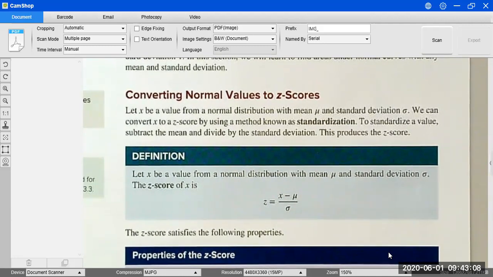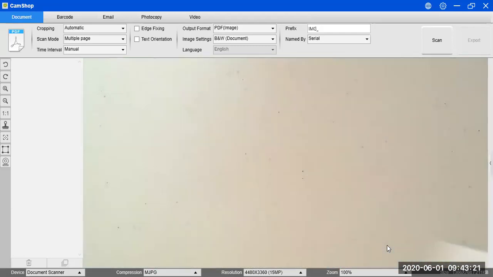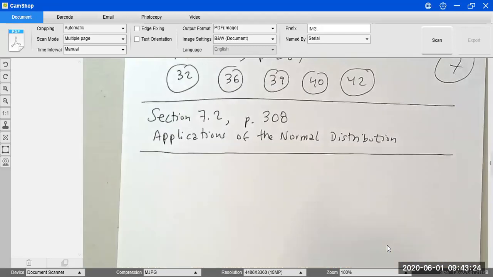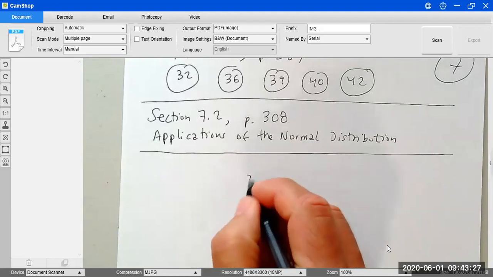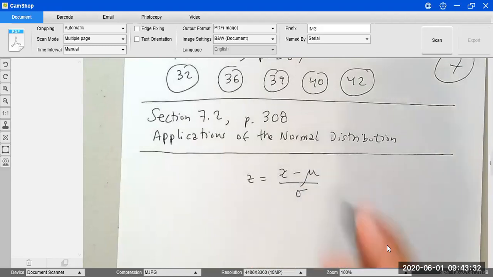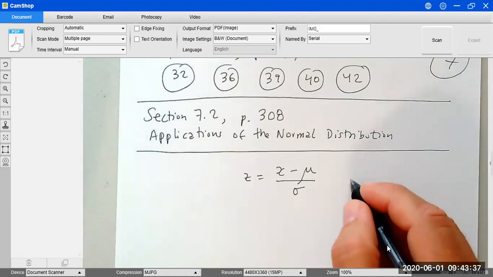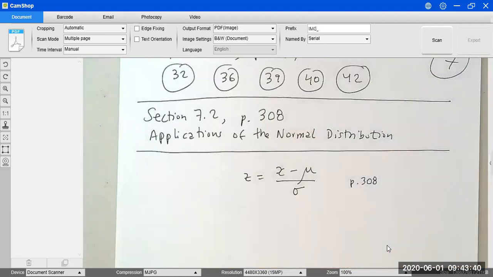But following the book, we're going to do the extra step of finding the corresponding z-score, and then you use tables, your Texas Instruments calculator or language R to find the corresponding probability. So you only need to remember that the z-score is just x minus mu over sigma. And you can check on page 308 the properties and the meaning of the z-score.